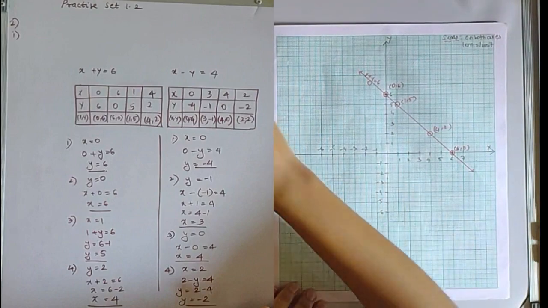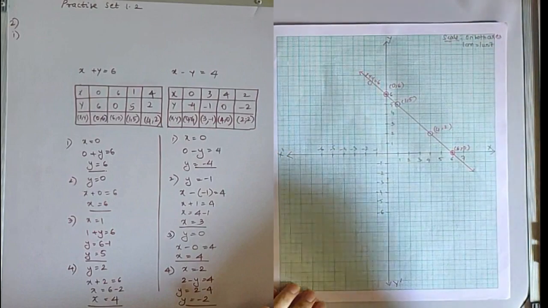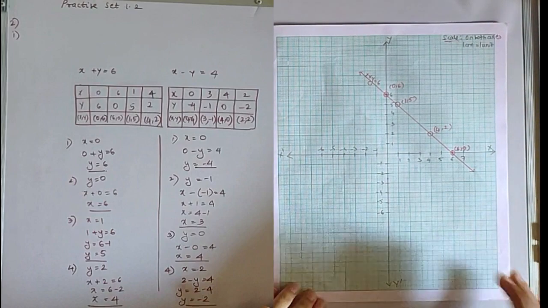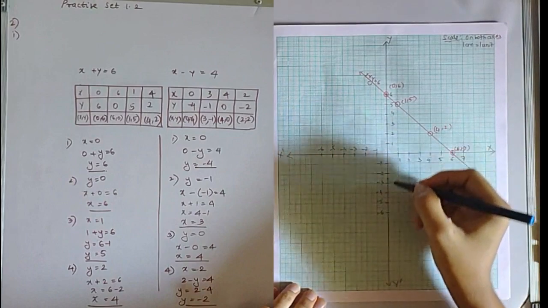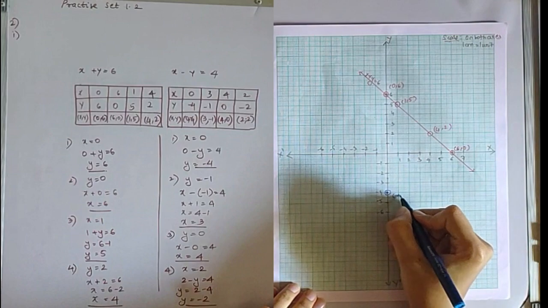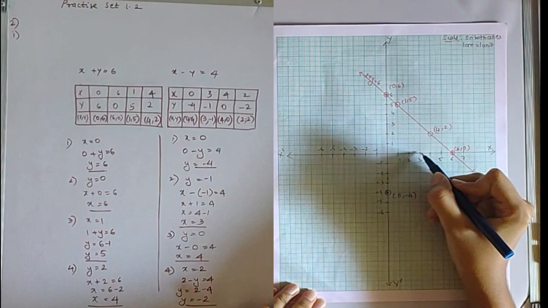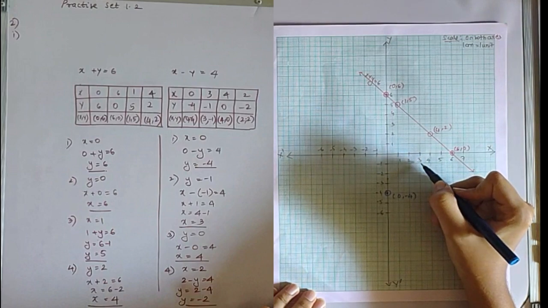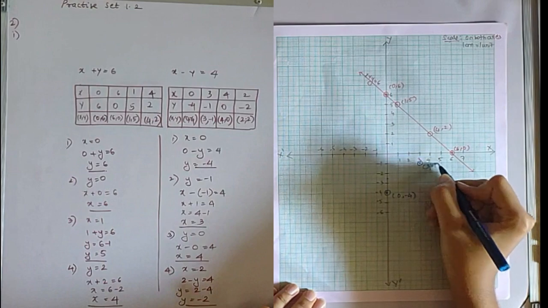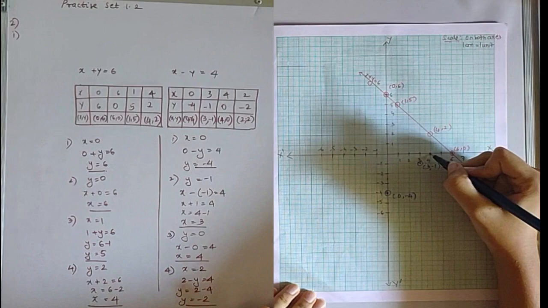Next, I need to plot the points for the second line. The second line says x minus y is equal to 4 and the points are 0 comma minus 4, which will lie somewhere here. Next, 3 comma minus 1. This is my 3 and this is my minus 1. Next, 4 comma 0, which will be here.